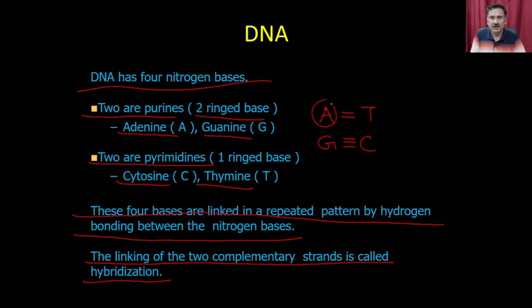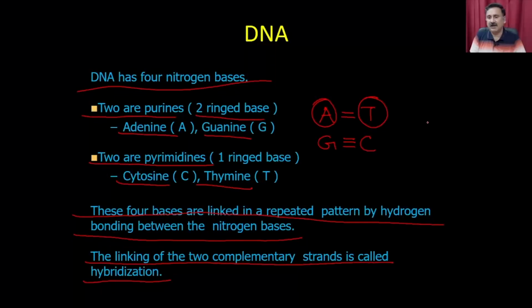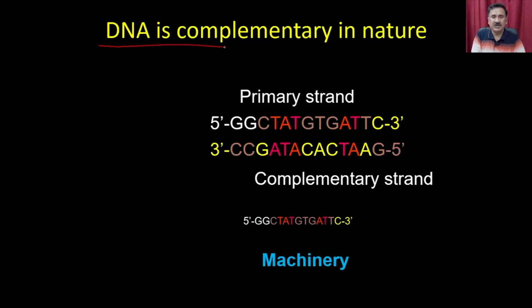So every purine is making a bond with the pyrimidine, and because of this particular unique character of the DNA molecule, the molecules can be complementary to each other, which means if you have a sequence on one strand, for example, a strand from 5 prime to 3 prime, the second strand is going to be predicted based on this base pairing information. So DNA is complementary in nature, right?